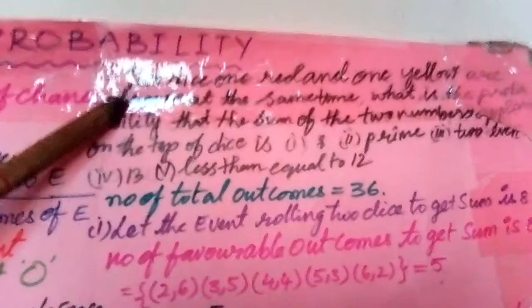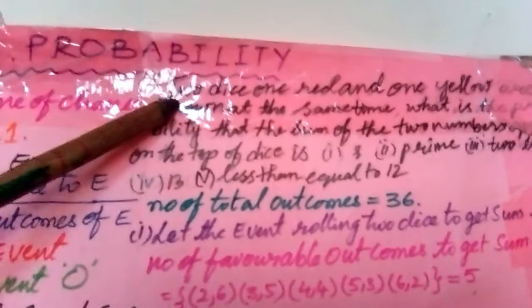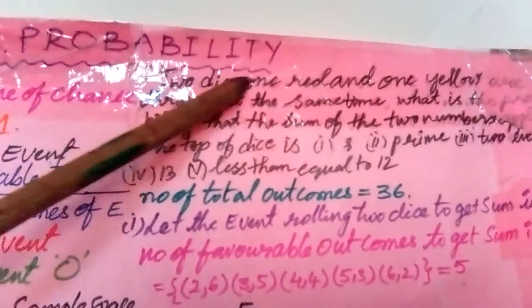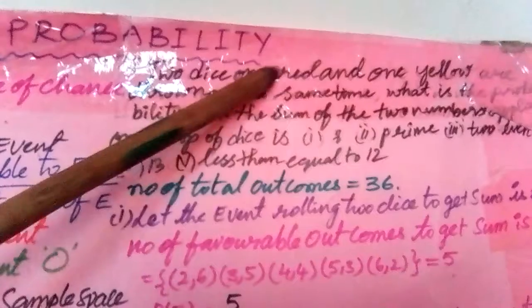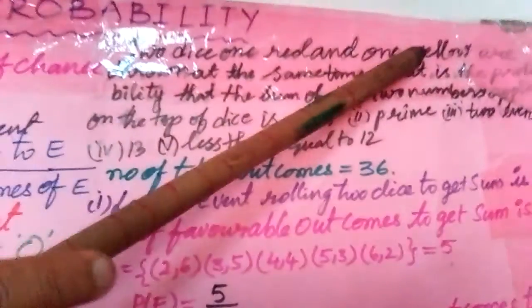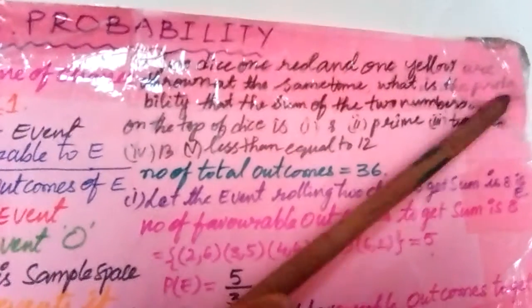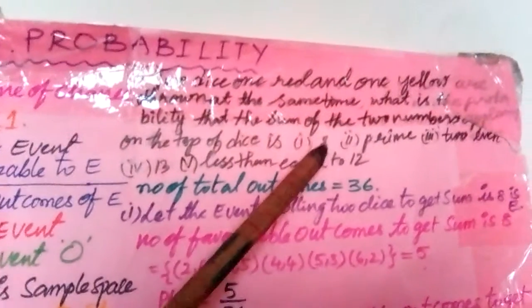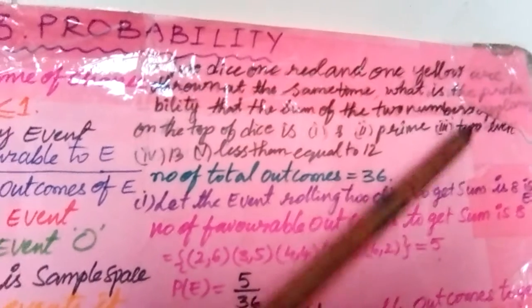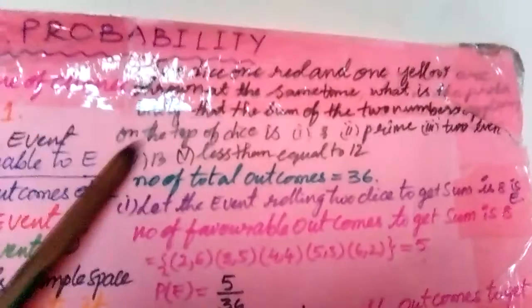Yeah, let us see one example. Two dice are rolled, one red color and another yellow, at the same time. What is the probability that the sum of the two numbers is 8, prime, two evens, the sum of the two dice is 13, or less than or equal to 12?